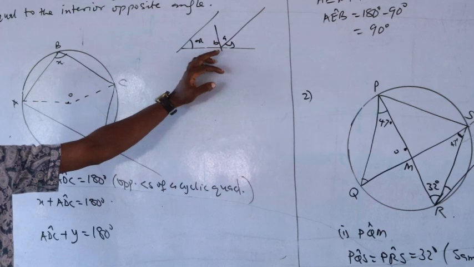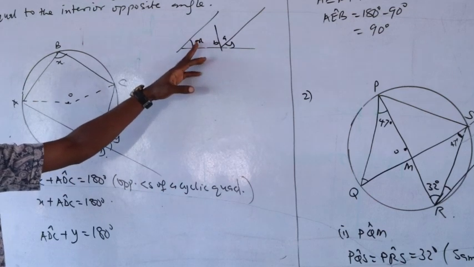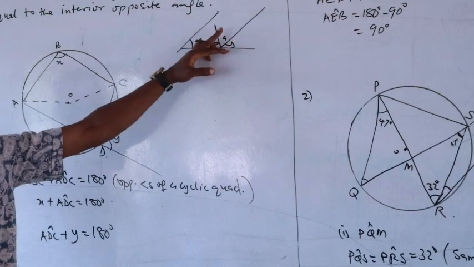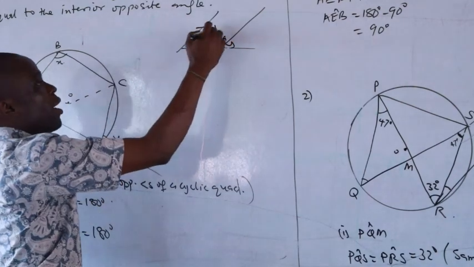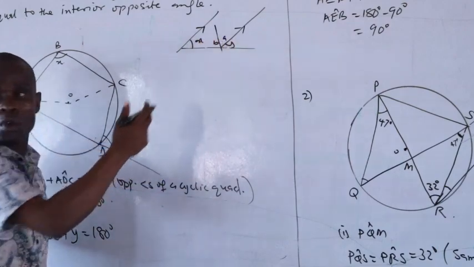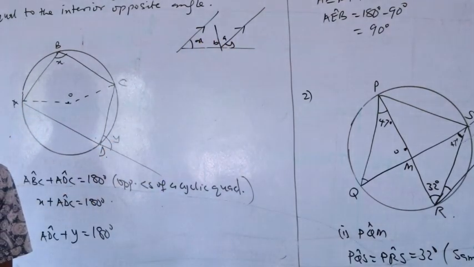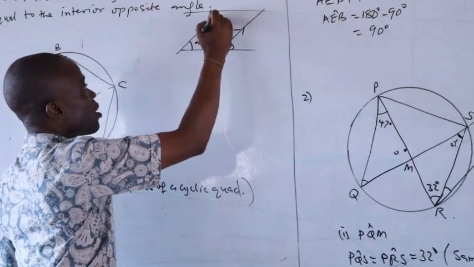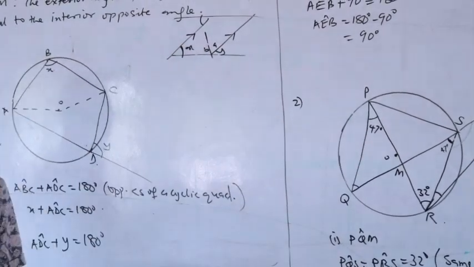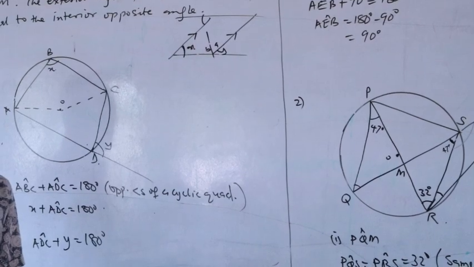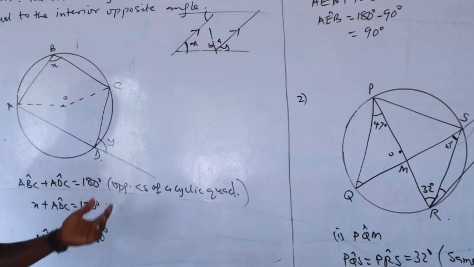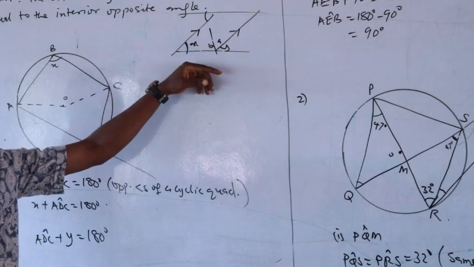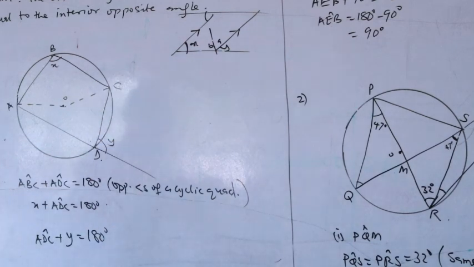You can only use corresponding angles if the two lines are parallel. If the two lines are parallel, X is equal to Y. They are corresponding angles. If something gives you X like this, that is alternate angle, then the other one is vertically opposite angle. So you cannot say X and Y equal 180, sum of angles on a straight line. That is not how to use the correct theorem.